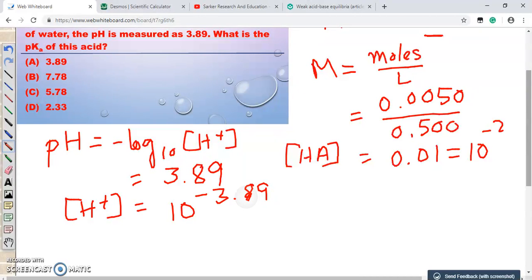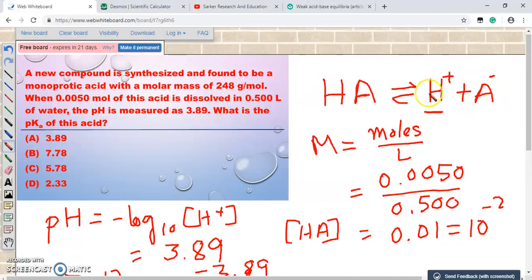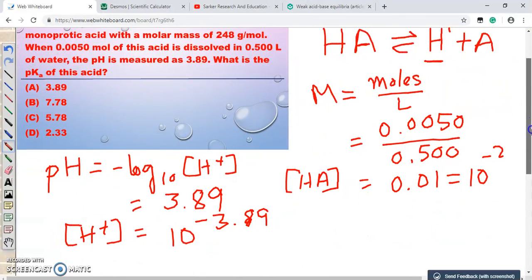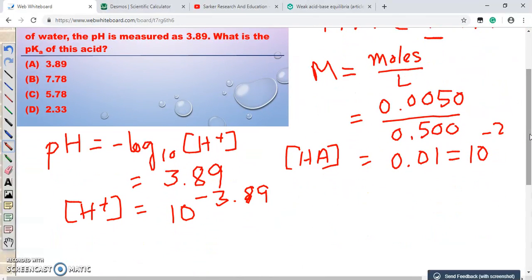And from the dissociation we can see that it gives rise to the same number of moles of proton and the conjugate base. So it is as well the concentration of the conjugate base. So the concentration of the proton and the conjugate base, they both are 10 to the power minus 3.89, and the concentration of this monoprotic acid is 10 to the power minus 2.